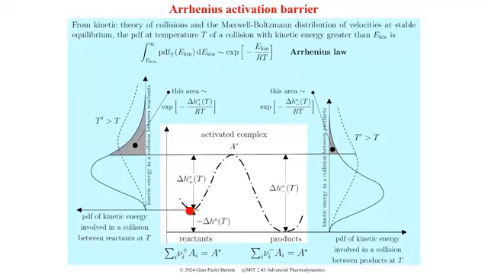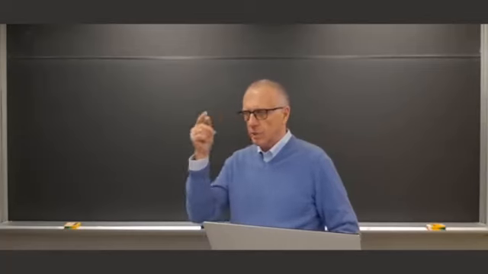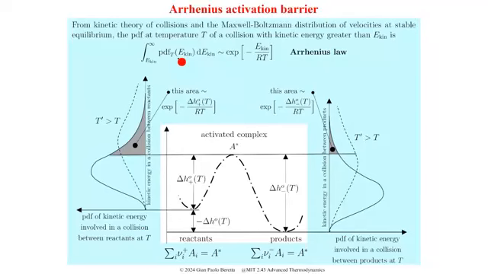Because what we need in order to climb this valley, to go to the saddle point, is enough energy from the collision. And so this curve represents the probability density function, not for velocity, but for kinetic energy of particles from the Maxwell-Boltzmann distribution of velocity. So as a function of kinetic energy, which is plotted this way, that's the PDF.